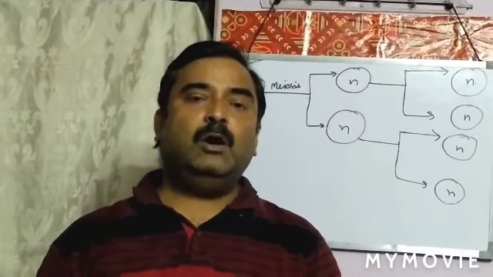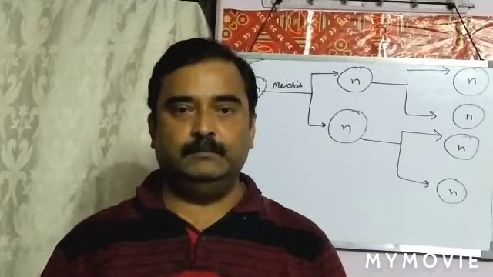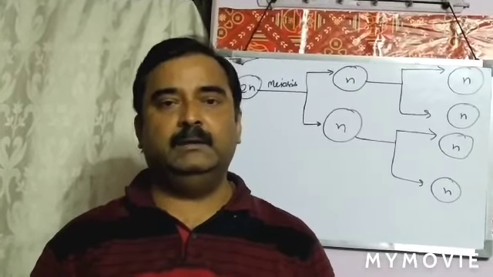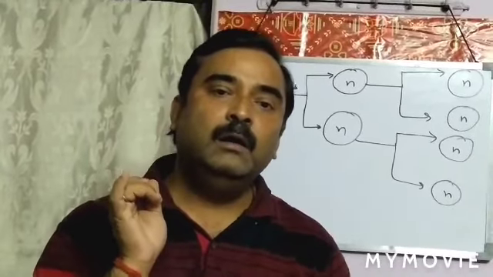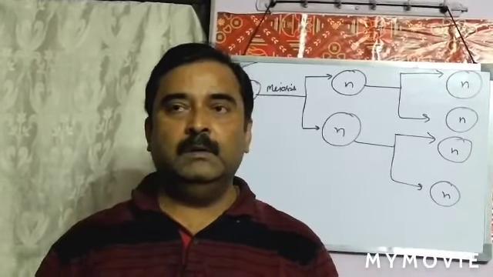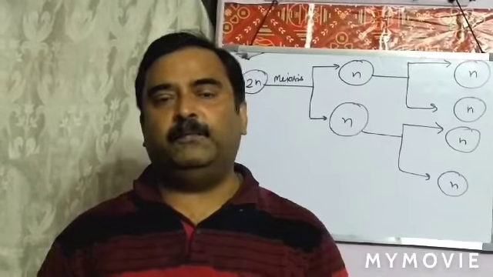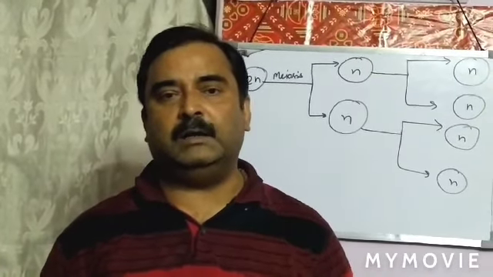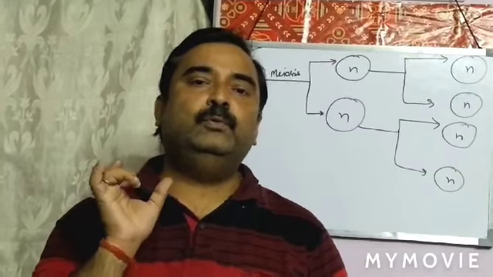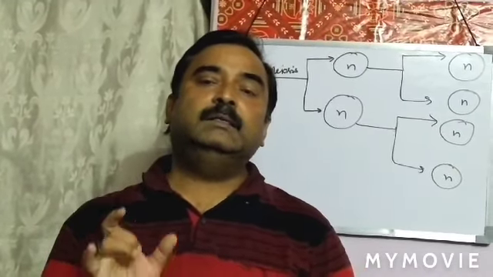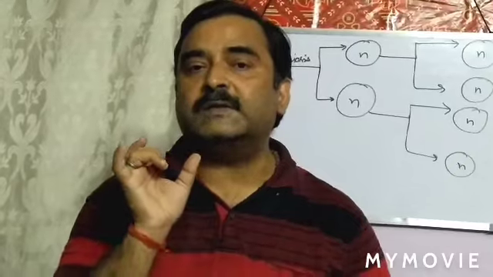Even the offspring produced by the same parents are different, and it is only and only due to meiosis division. How do they become different, how does the variation occur? It is only due to a process called crossing over.